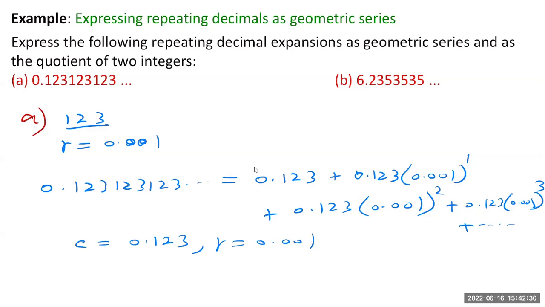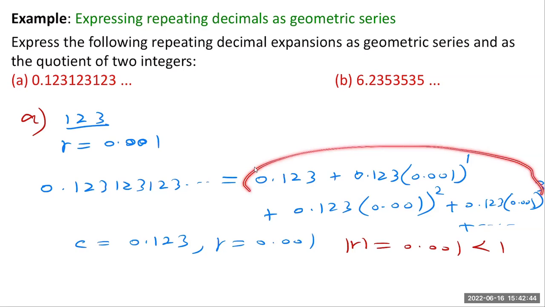Okay. Now, notice that absolute value of R is 0.001, that is less than 1. So by theorem 7.26, this series converges. Okay.